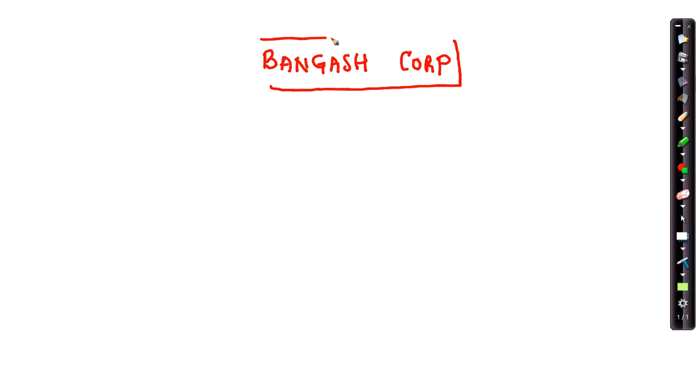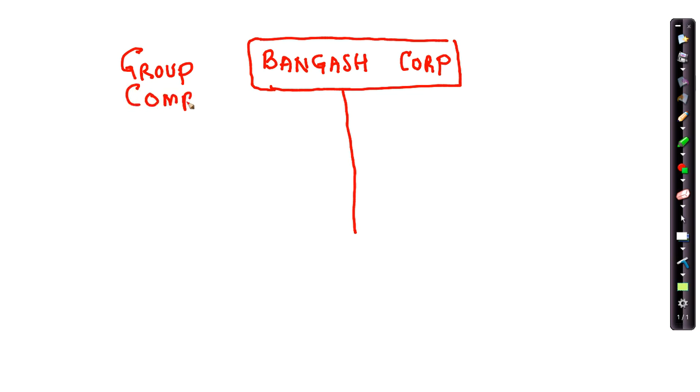Now I'll give you another example. Let's say Bangish Corporation is headquartered in the US. So this is called a group company, or only a company, the name of the company.